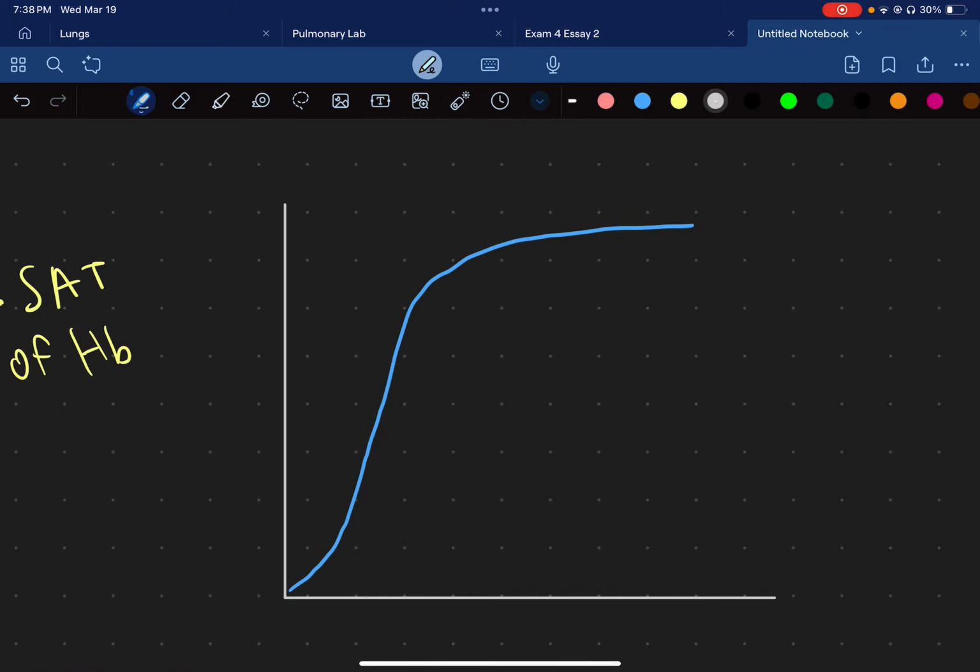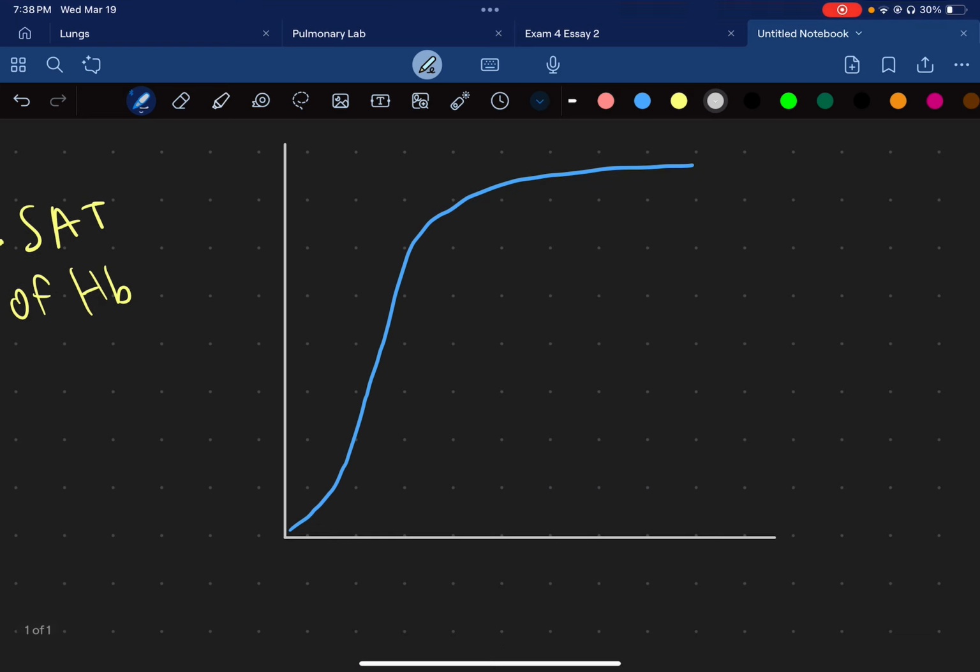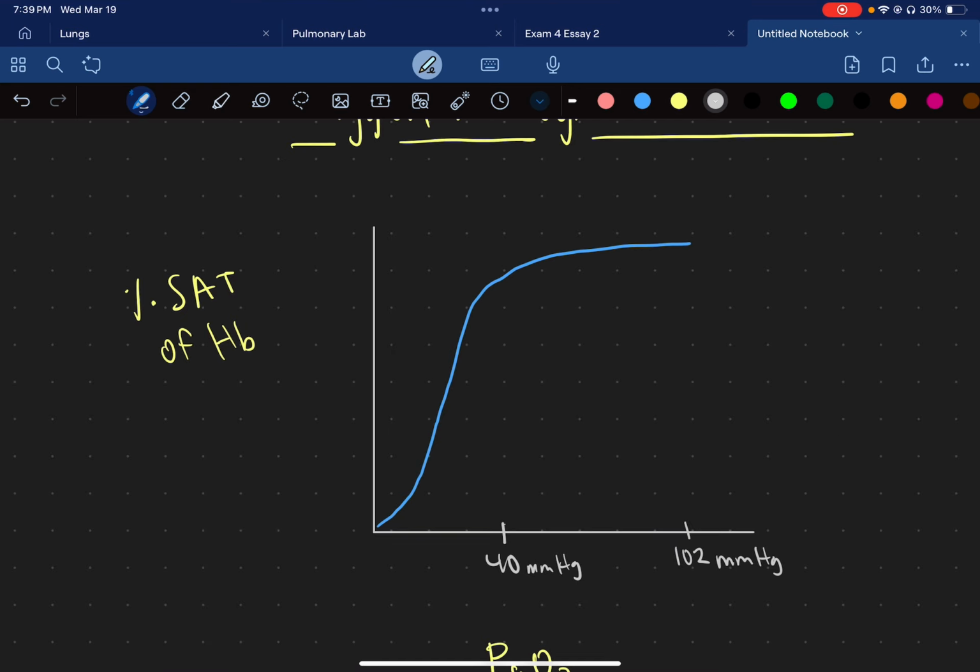We have a couple different important points. Let's just mark this here. This is about 40 millimeters of mercury, and then up here is 102 millimeters of mercury. Now at the lungs, where gas exchange is occurring, our oxygen pressure should be 102 millimeters of mercury.